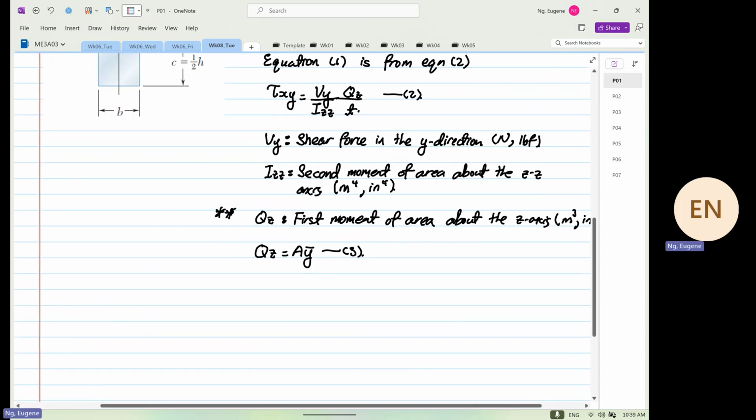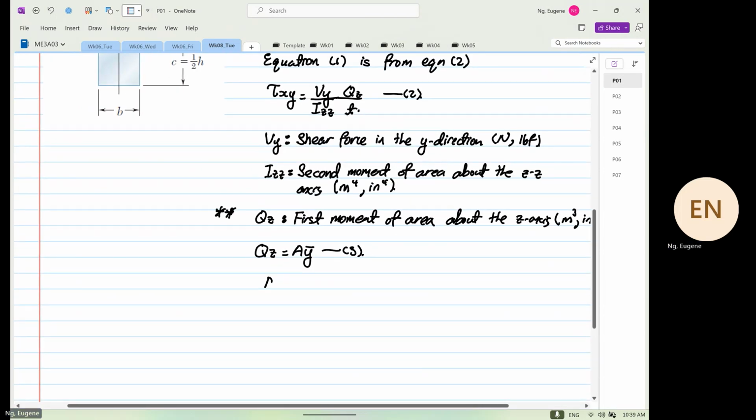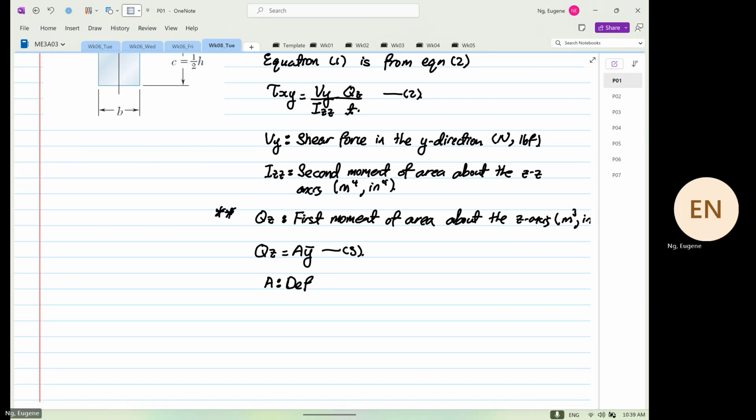So A over here is the defined area. Units is in meters squared or inches squared.